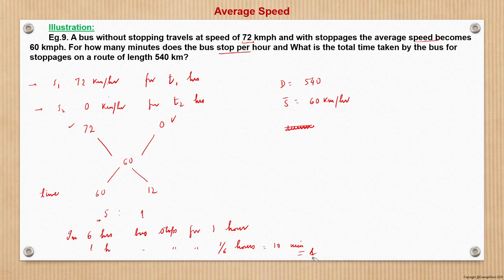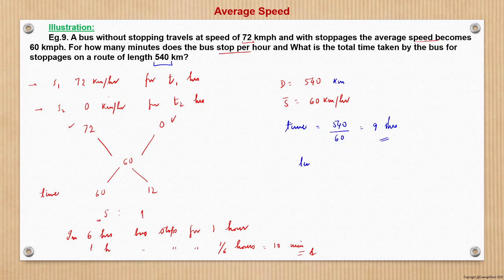Time is nothing but 540 upon 60, which is 9 hours, right? So what is the time taken by the bus for stoppages on a route of 540? On a route of 540 kilometer, the total time taken is 9 hours, right? Total time is 9 hours.